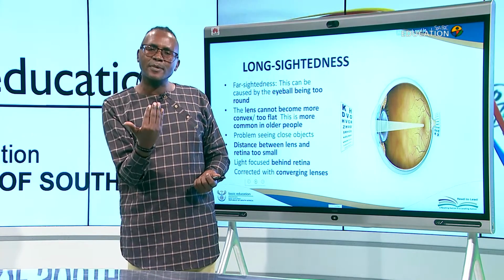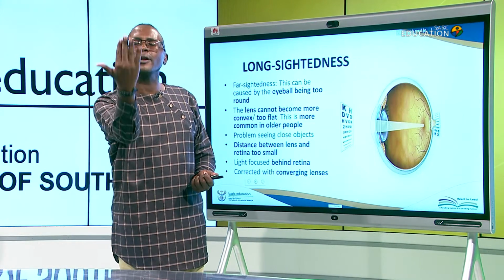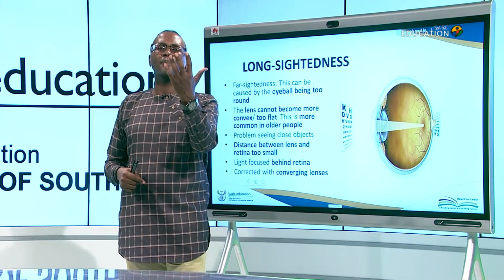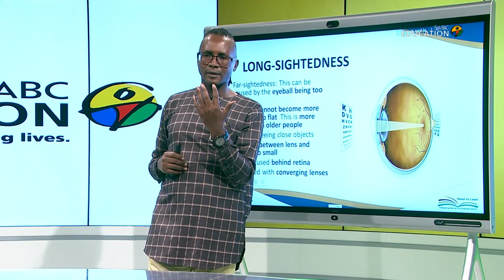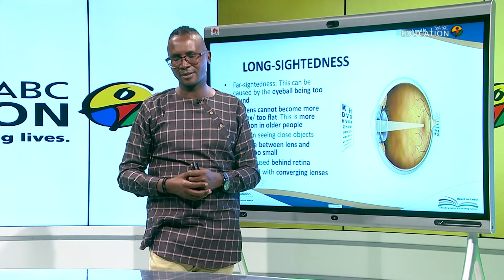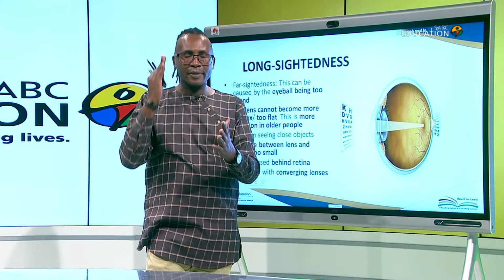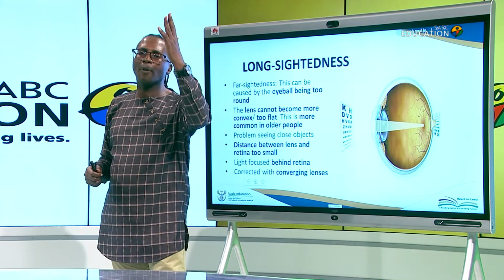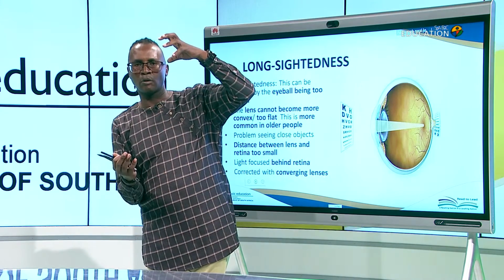Because a short-sighted person cannot see objects that are far. They fall in front of the retina. But now, the long-sighted person cannot see objects that are close by because the image falls behind the retina. So you should remember the short and long.